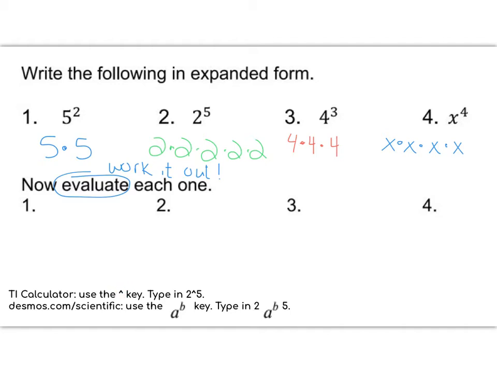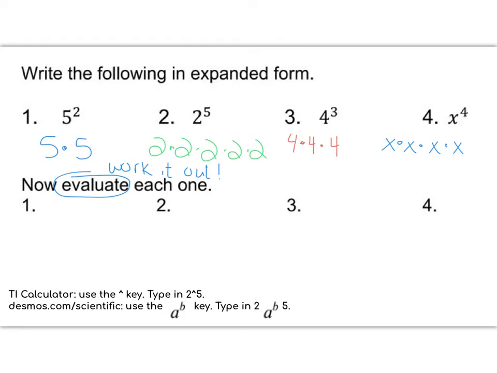And so 2 to the 5th, you would do 2, arrow key, 5, and then hit your equal sign. If you don't have your TI calculator at home, go to desmos.com/scientific, and there's a key in the lower left part. That's the A to the B key. So 2 to the 5th would be 2, then you'd hit that A to the B, and then 5. If we need help going over any of that, I will do that in our Zoom session, okay?